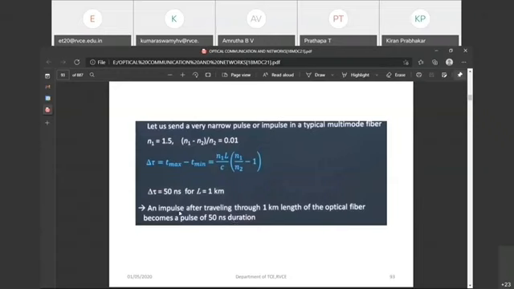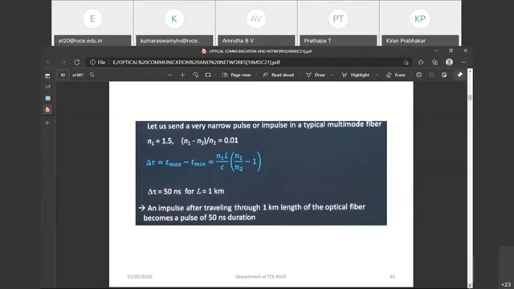Impulse means your duration is very small, approaching 0. After traveling through 1 kilometer, it will become a pulse of 50 nanoseconds duration. This will affect the number of bits that you can transmit. So that is the idea about this.